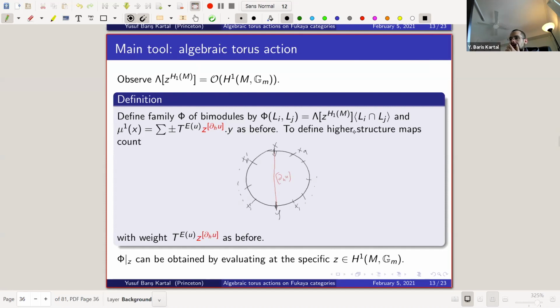You're just counting the holomorphic disks, but weighted not only by T to the E energy, but also by this red term here, Z to the class of the line from X to Y. Okay. And the notation is consistent. The previously defined single bimodule can be obtained by evaluating this phi at a specific Z.